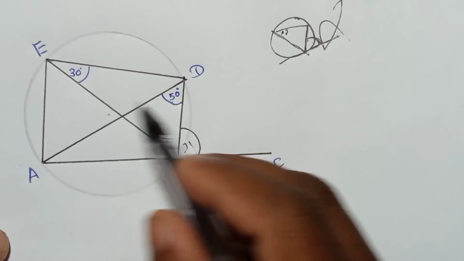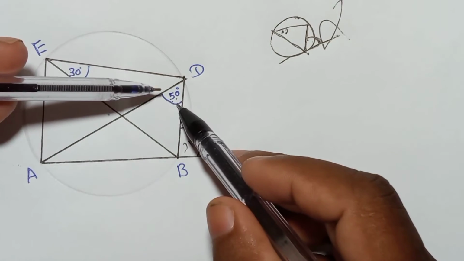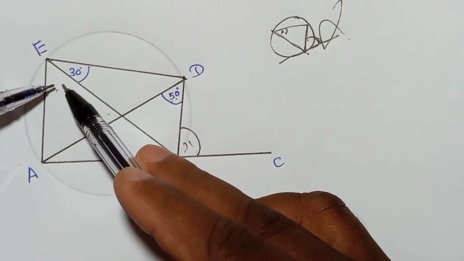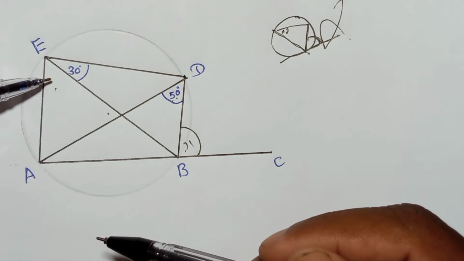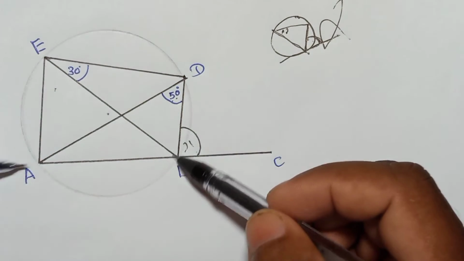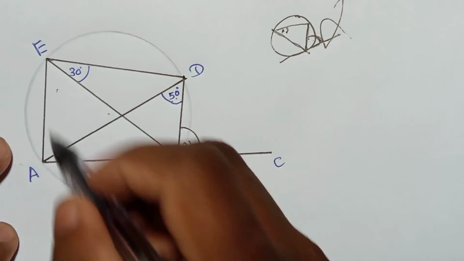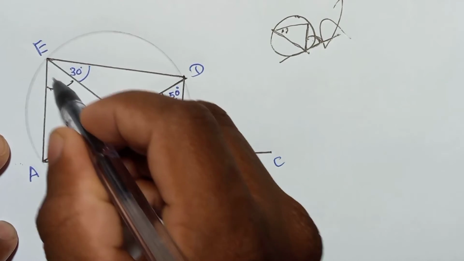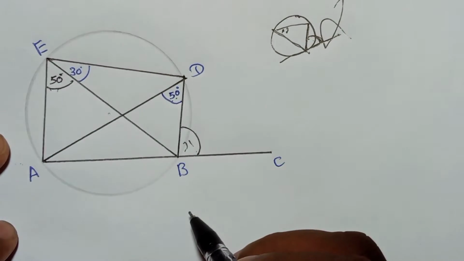So this must be equal to this, because this angle is the 50 degrees, and this angle is angle AEB. It starts from the same two points, from AB go to D, from AB go to E. So these two are equal. Now I will mark here 50, because this must equal this.